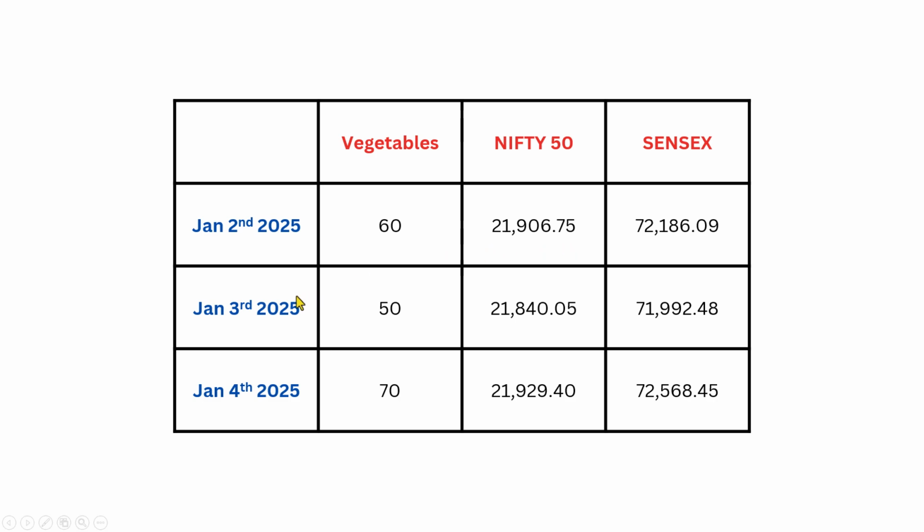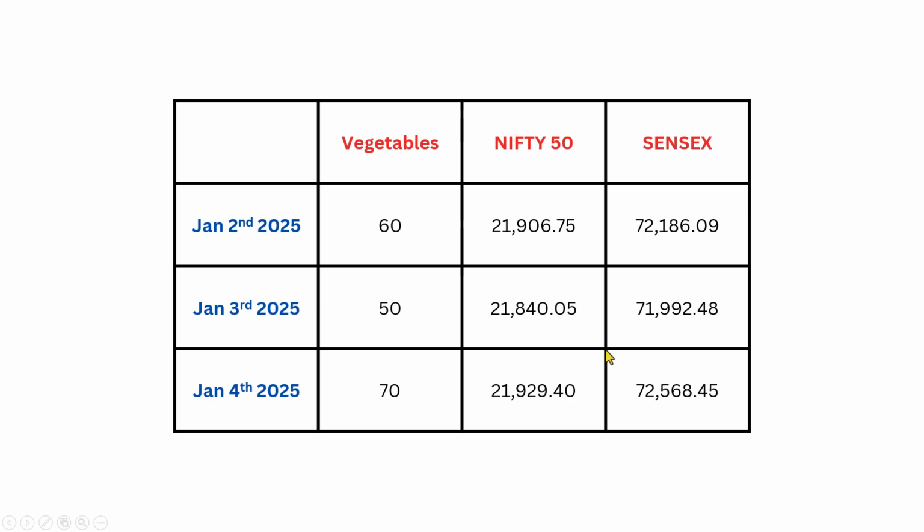The value of Nifty 50 on January 3rd was this much. The value of Nifty 50 on January 4th was this much. The value of Sensex on January 2nd was this much. On January 3rd was this much. And on January 4th was this much.